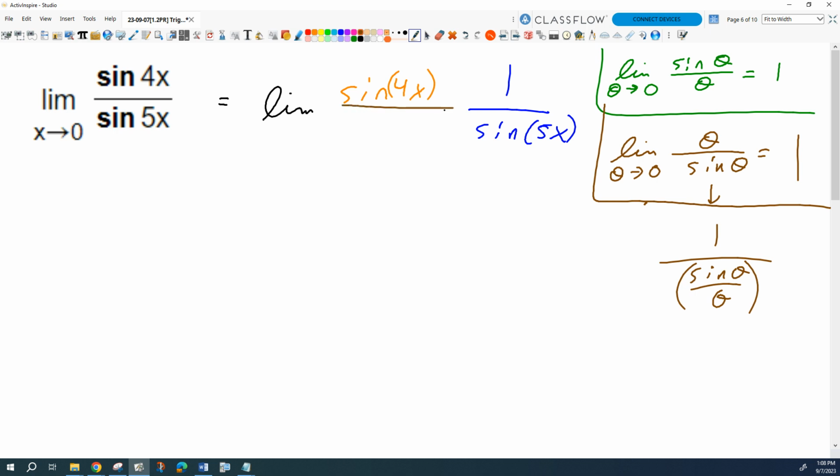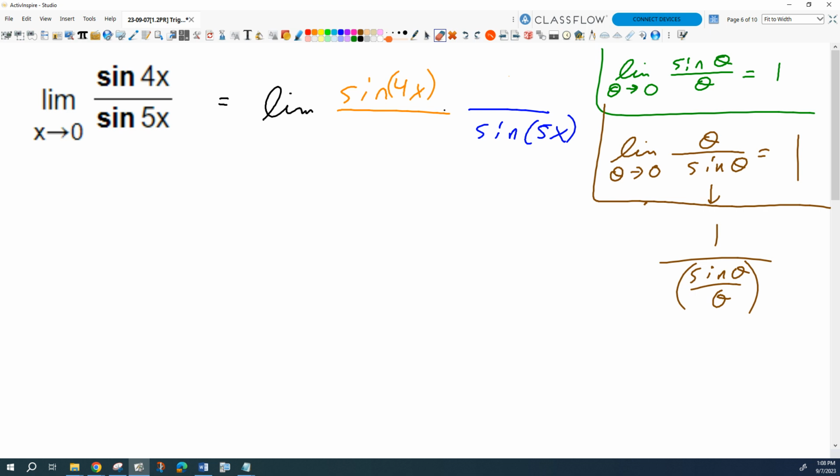So what am I going to multiply top and bottom by here? What do you think? What am I missing for each of those patterns? What needs to go with the orange one on the bottom? What needs to go with the blue one on top?